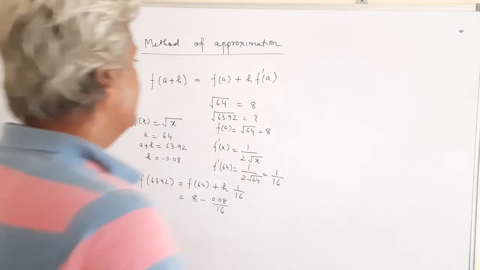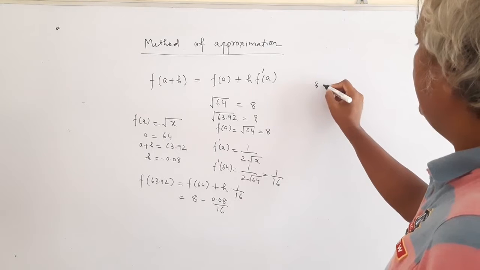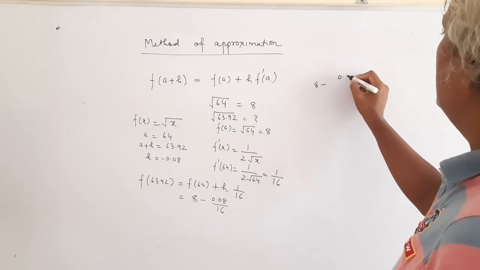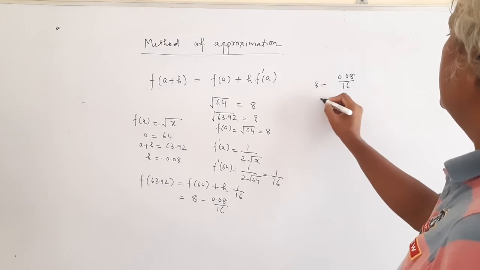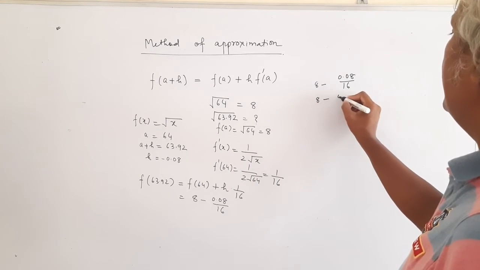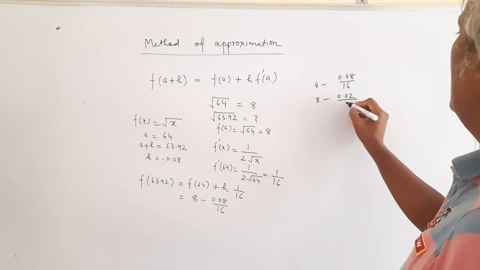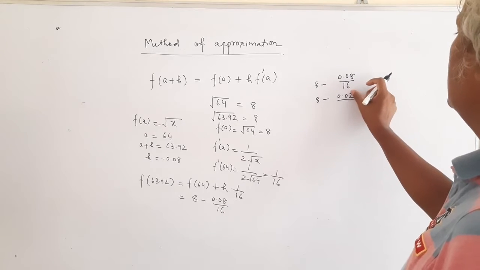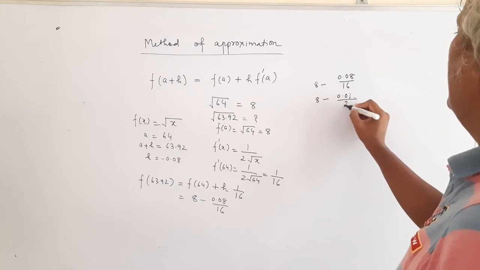Now I have to find this answer, which is 8 minus 0.08 over 16. So this is 8 minus 0.02 over 4, that is 0.01 over 2.